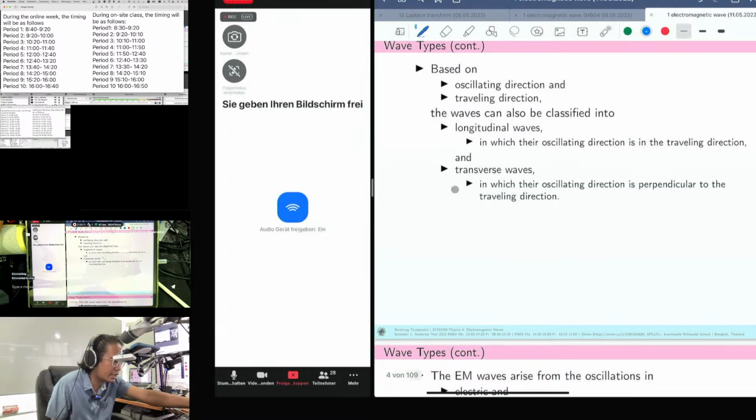What do you think? Is the EM wave a longitudinal wave or a transverse wave? Any idea about that?